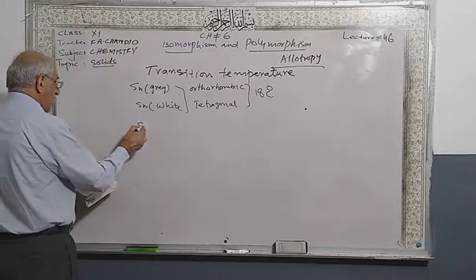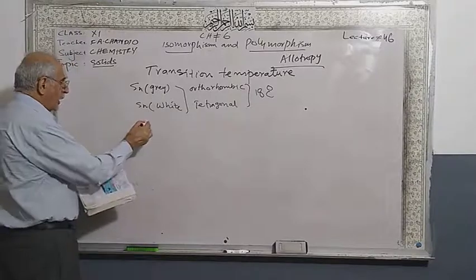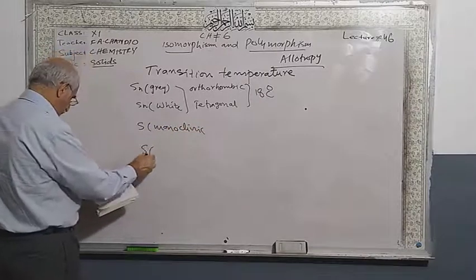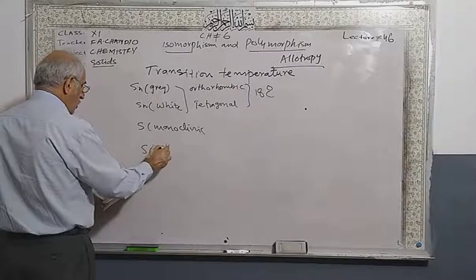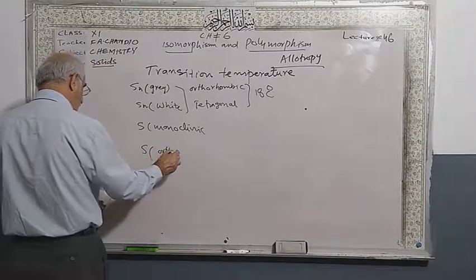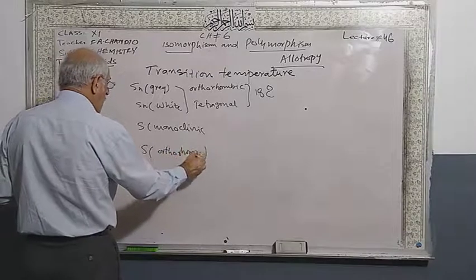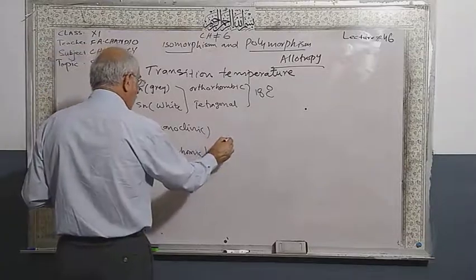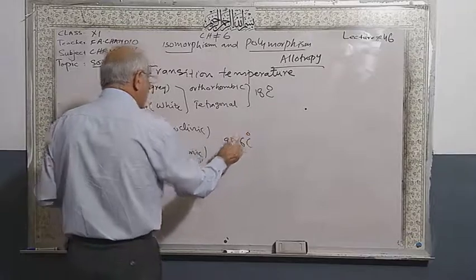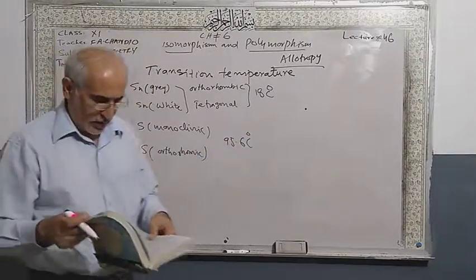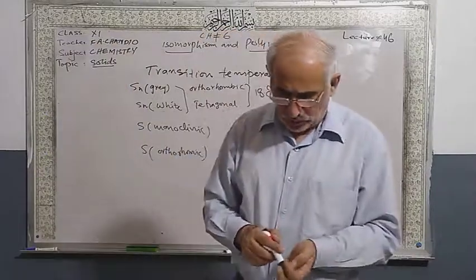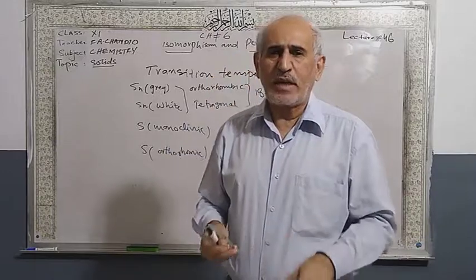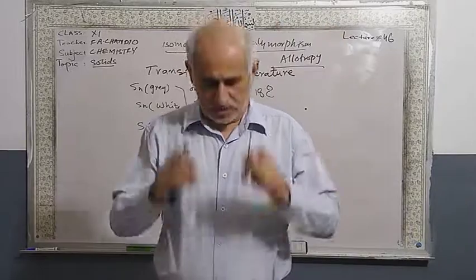Sulfur, monoclinic. Sulfur, orthorhombic. 95.6 degrees Celsius is the transition temperature for orthorhombic and monoclinic sulfur, so at this temperature both crystalline forms of sulfur coexist.